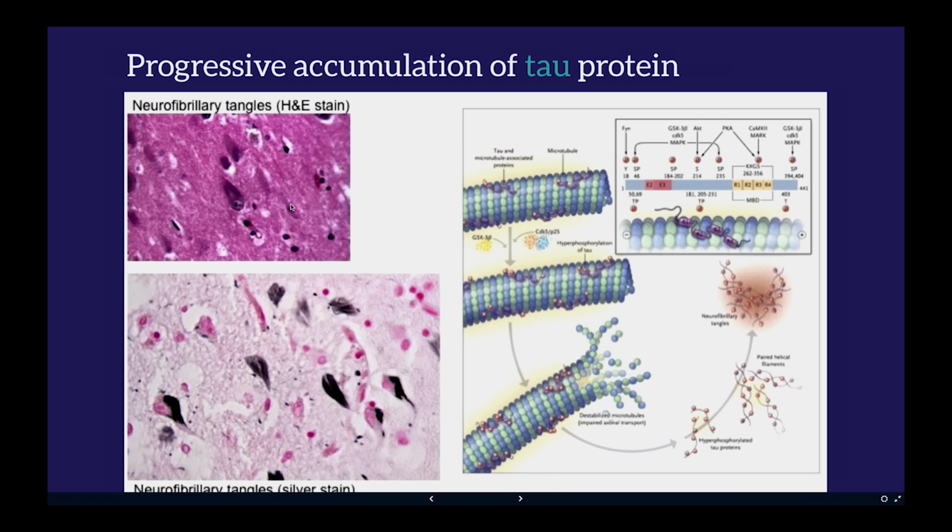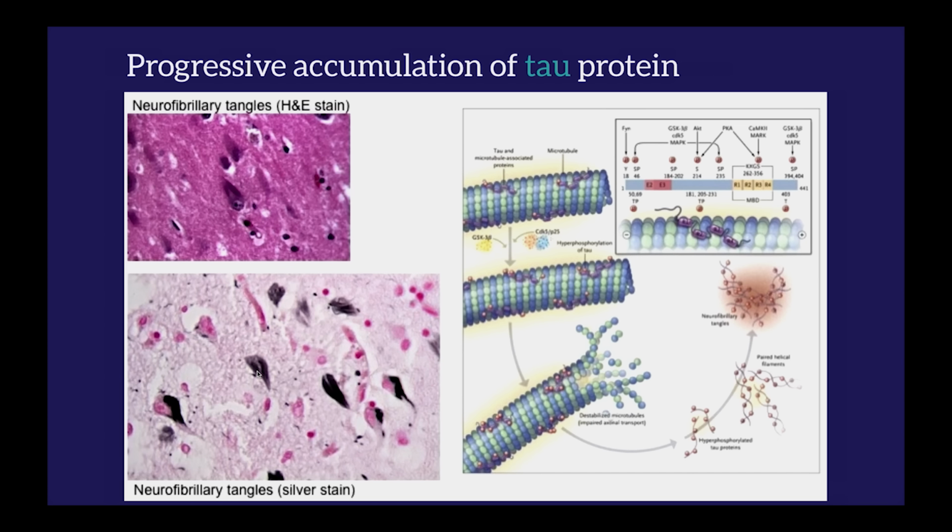And I will show you here on this scan. So this is a neurofibrillary tangle here, or here you can see it in black. And these are actually inside a brain cell, because the tau protein is supposed to be inside to form the skeleton. And then when it's unable to do that, it aggregates inside the cell and contributes to causing brain cells to die as time goes by.